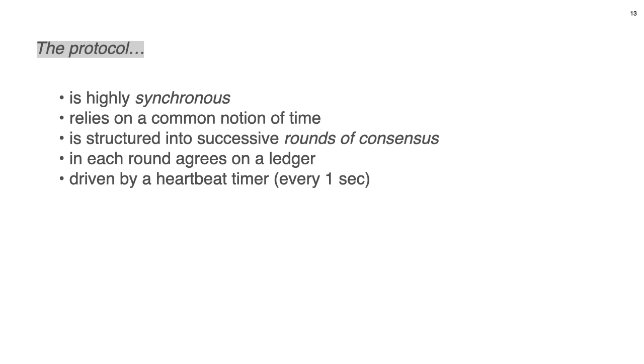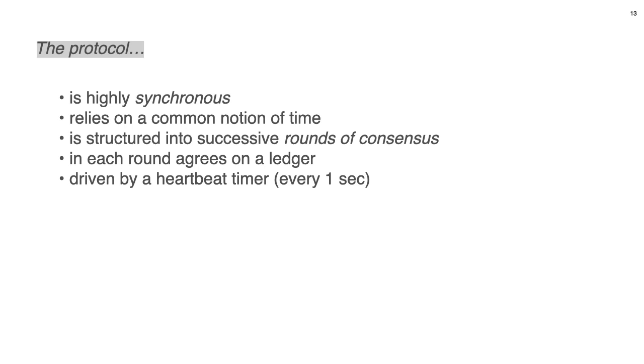The protocol is highly synchronous, although there are parts during the validation phase when it's actually asynchronous, but most of the time the protocol is synchronous. It relies on a common notion of time, and it's structured into successive rounds of consensus, where in each round the protocol agrees on a ledger.